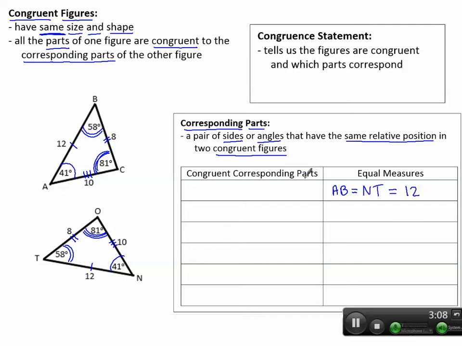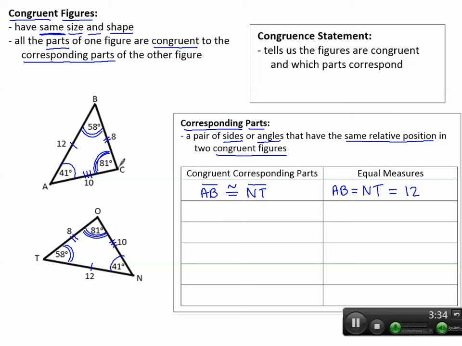The congruent corresponding parts would therefore be segment AB is congruent to segment NT. Notice that when we put a measure, we use the equal sign and no hats because this means a length. And when we say congruent, we're talking about the segments themselves, not involving a number.